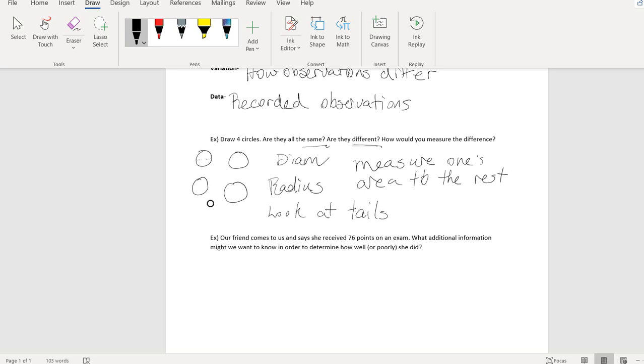For this next example, let's say that our friend comes up to us and she says that she got 76 points on an exam. Let's think of what additional information we want to know in order to determine how well or poorly she did. We want to know some additional information so that we can be good friends and react appropriately. One thing that we might want to know is what the minimum and maximum possible scores were.